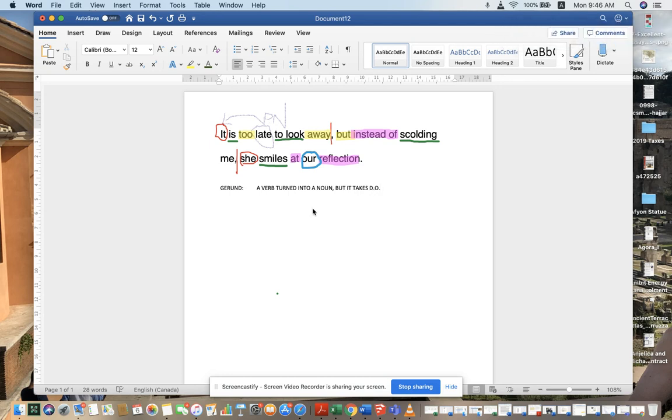Why in the world would we want to change verbs into nouns, you ask? Well, in this case, "instead of," which is a preposition, is asking us for a noun that agrees with it. If I say "instead of a scold," which would be the noun for scolding, you don't have that feeling of action. Gerunds take the feeling of an action word and turn it into a noun so that it agrees with prepositions.